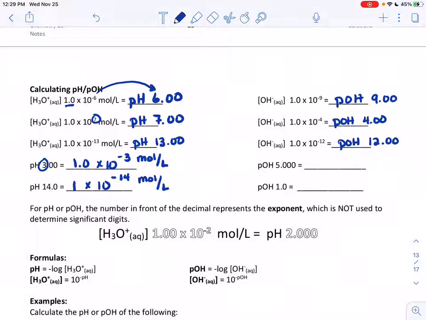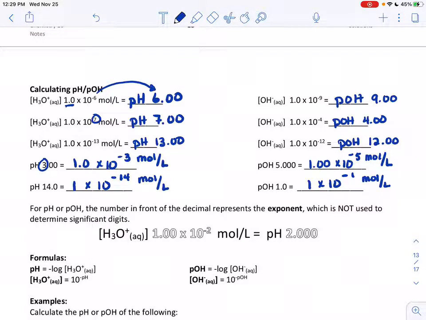All right, pOH, same thing. My hydroxide ion concentration is going to be 1.00 times 10 to the minus 5 moles per liter. Again, please don't forget those units. And a pOH of 1 is going to be 1 times 10 to the minus 1 moles per liter of hydroxide.